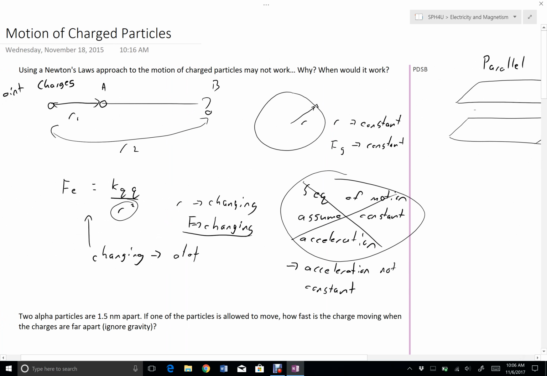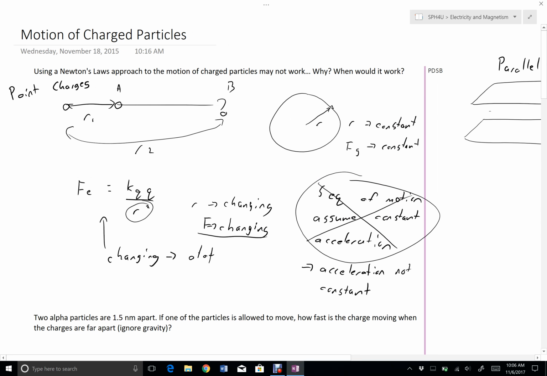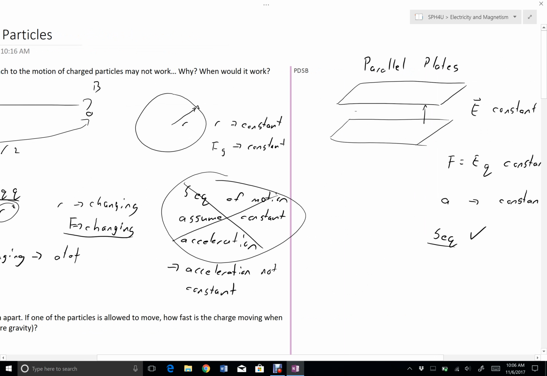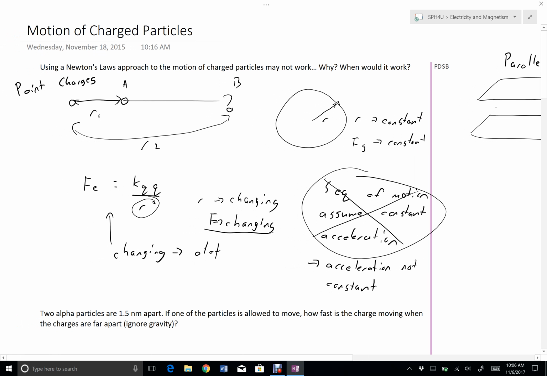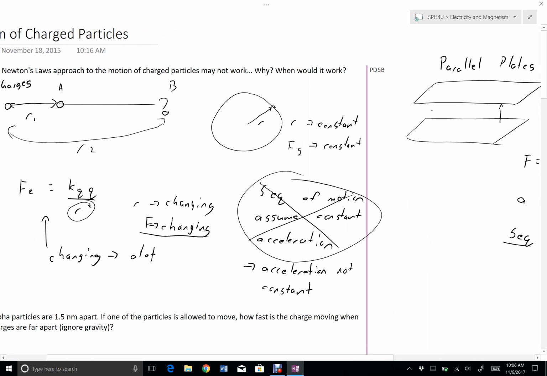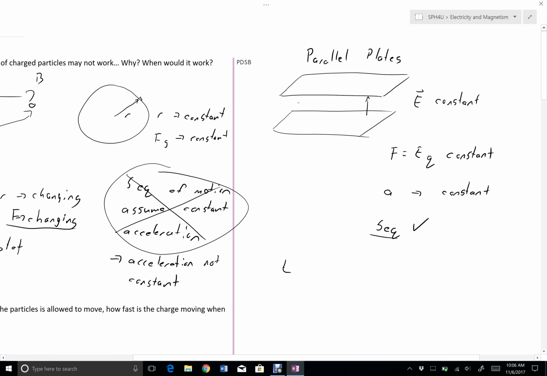So in these electricity questions, we have to figure out which of these cases we're dealing with to figure out whether or not we're allowed to use the 5 equations of motion. And if we can't, then the alternative is going to be energy. Energy will work in all of these situations, and so it may be preferable to just use energy anyway, but one way or the other, we got to be careful here.